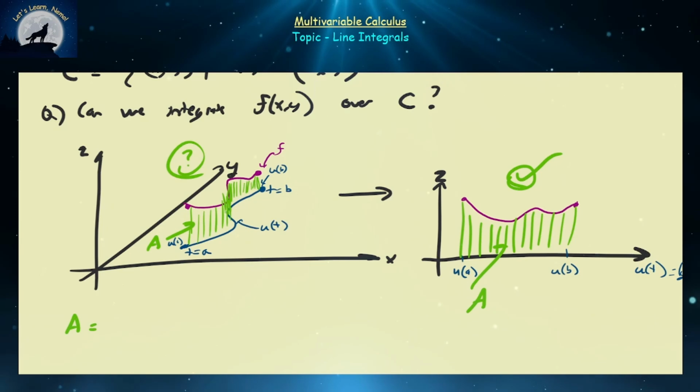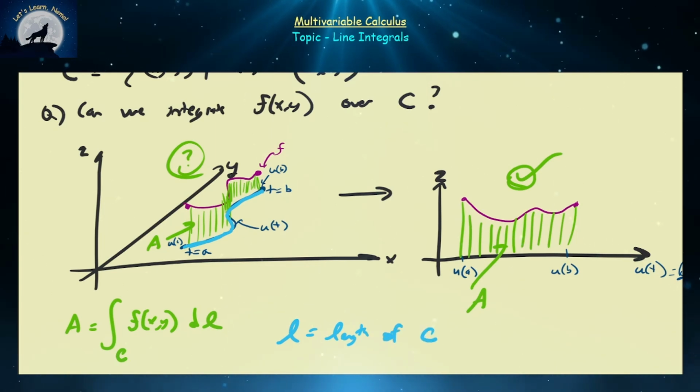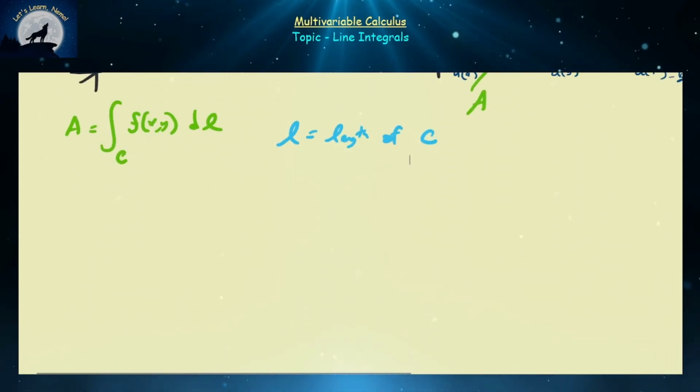So again, we want to find the area A, which is going to be the integral along C of f(x,y) dl, where L is the length of the path C. So L is the length of C that we traverse across, right? So that's going to be our goal and what we plan to achieve in this discussion.